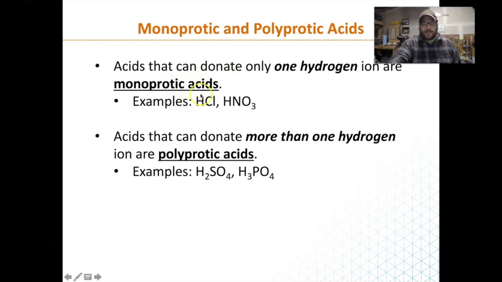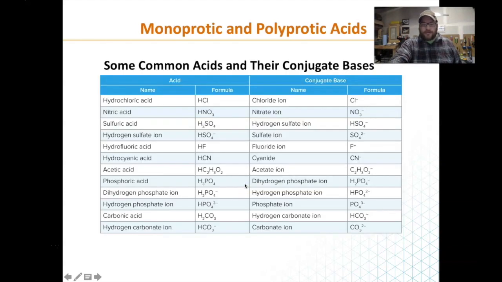So we oftentimes refer to hydrogen ions as protons as well. So it'd be monoprotic. Okay, but if you have more than one hydrogen to give up, then you're polyprotic. So this would be diprotic, and this would be triprotic. Okay, pretty simple, straightforward there.